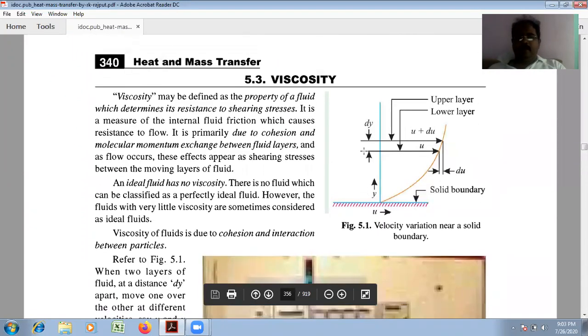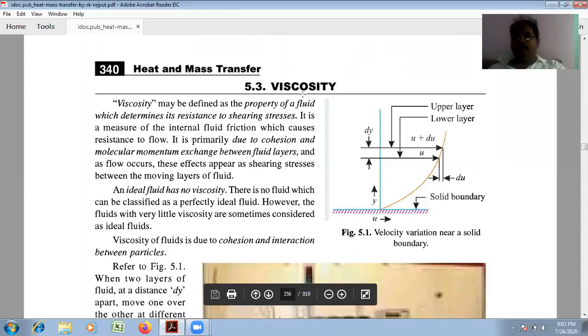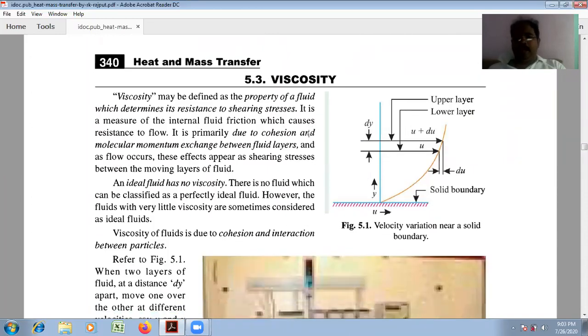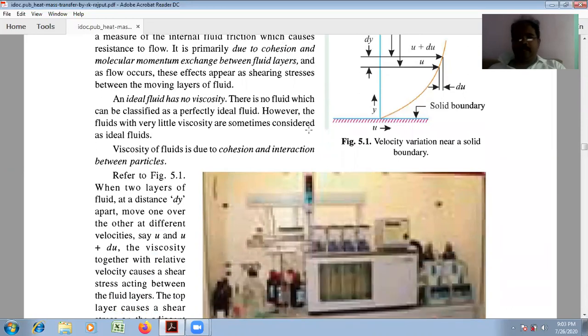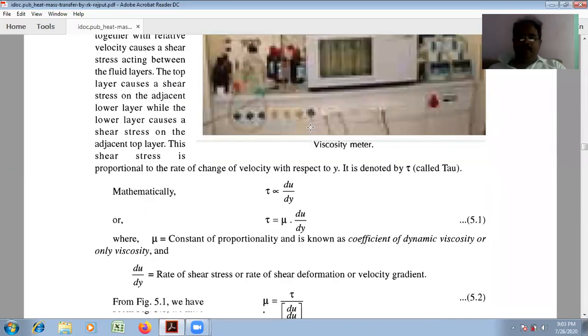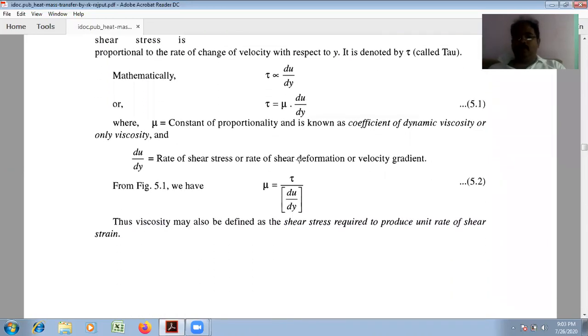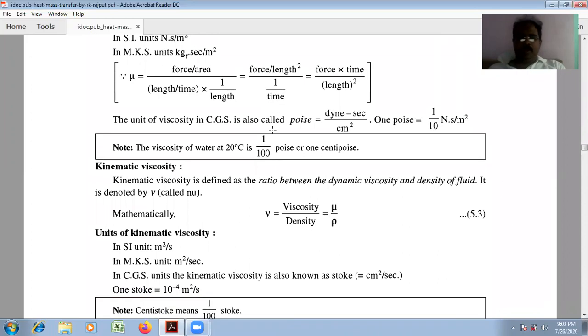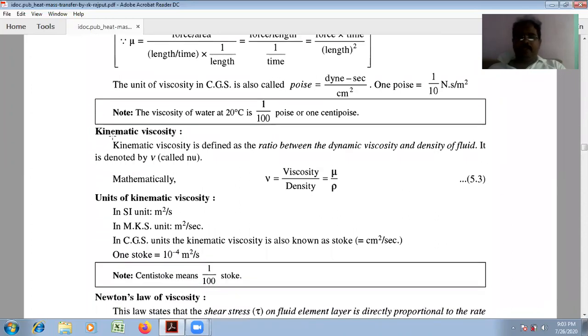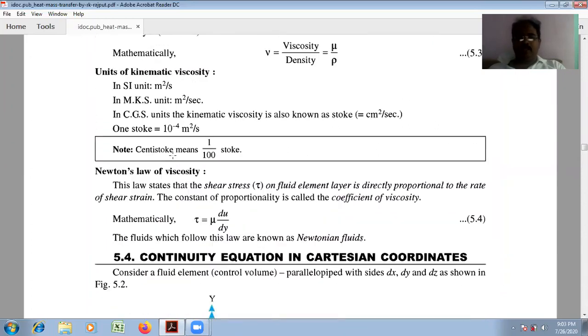Then after, what is the meaning of viscosity and from where viscosity comes. Then after we discussed its law, which is generally proportional to Fourier's law. Then after we discussed the kinematic viscosity.